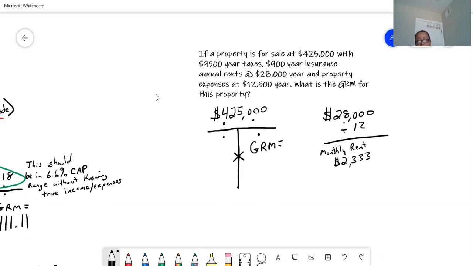Let's just keep it at $2,333. Now we can plug that number in here, right? So we plug it in and calculate.